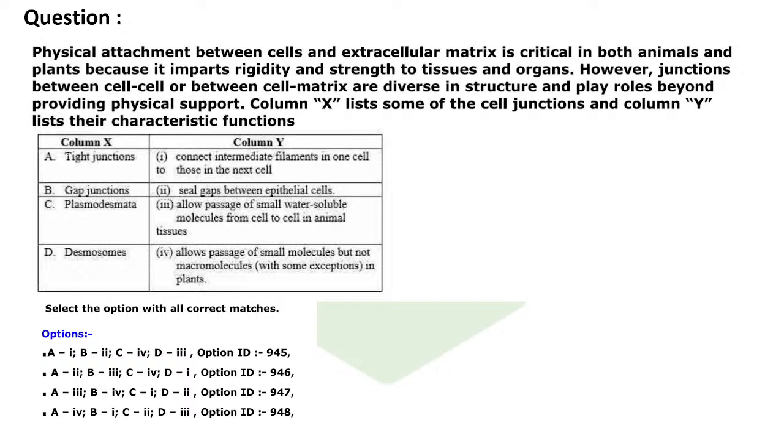Over here, you have the various junctions, that is tight junction, gap junction, plasmodesmata, desmosomes, and in column Y, you have a number of different characteristics given to you.